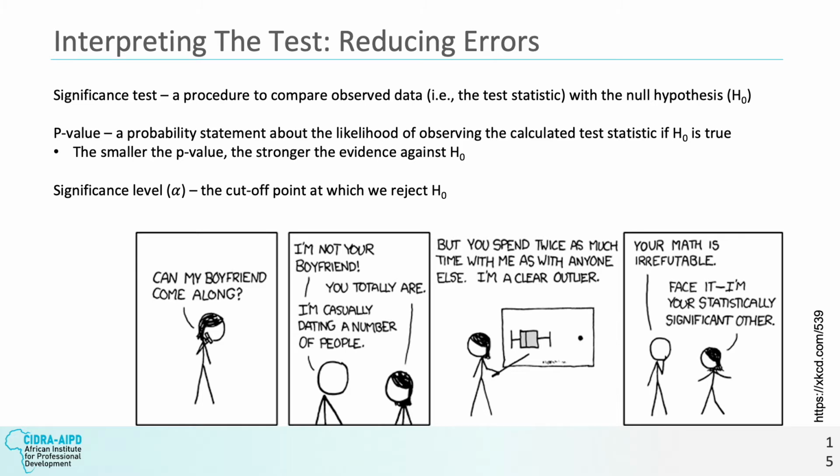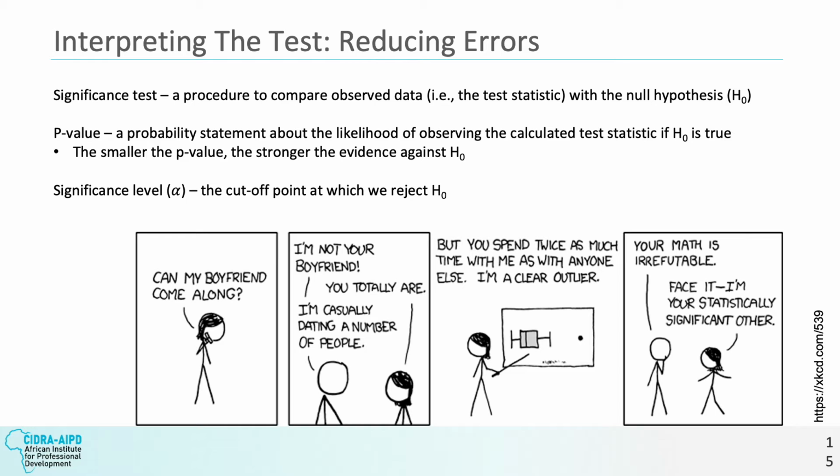Now that we know about the types of errors we can make, how do we make sure that we don't make any errors when we make our decision about the null hypothesis? We conduct a significance test. A significance test allows us to determine how likely it is that the test statistic is not due to random variation.